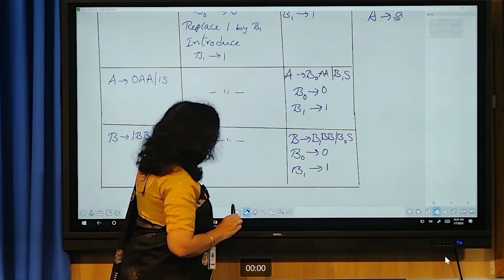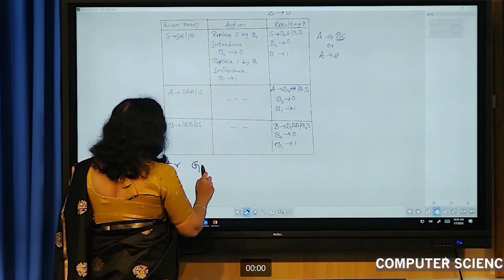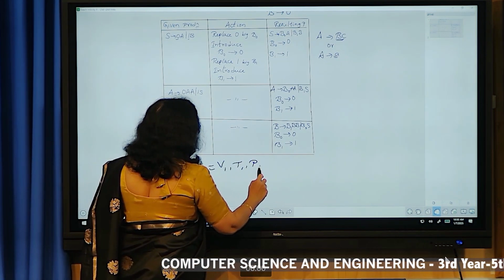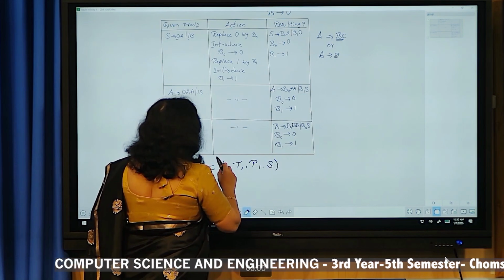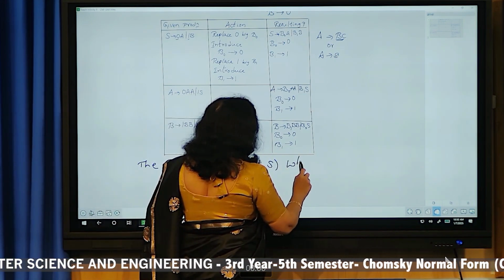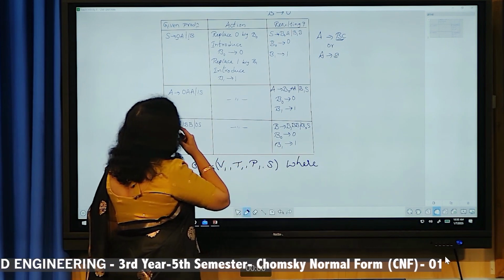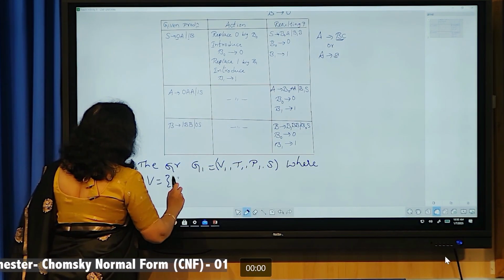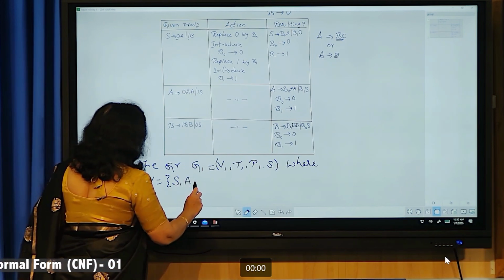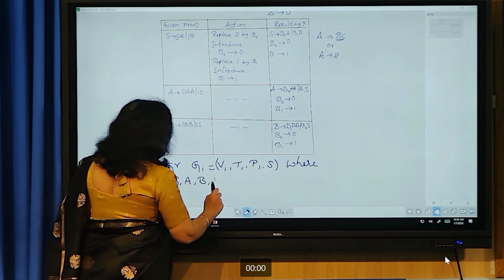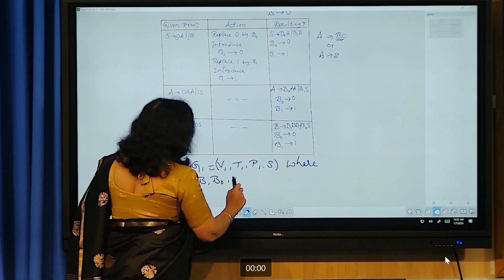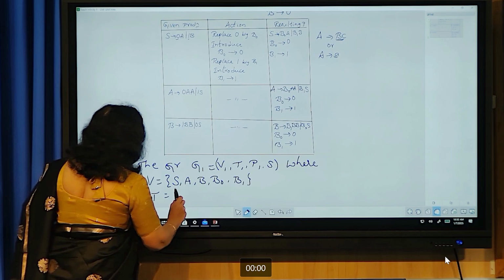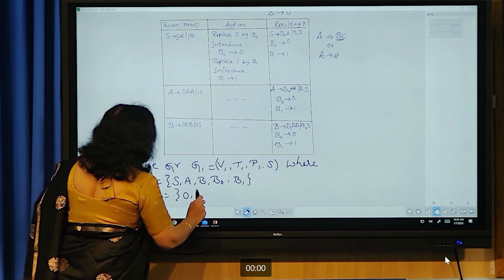So let us write that grammar now. The grammar G1 equals (V1, T1, P1, S), where what are the variables we have? Variables V equals, initially we had S, A, B, now we got B0, B1. What are the terminals? There is no change, it is 0 and 1.